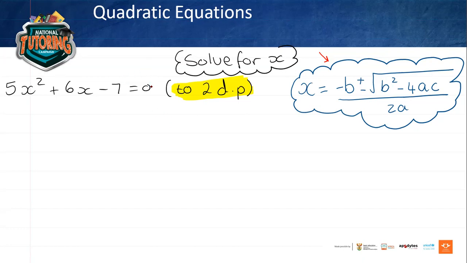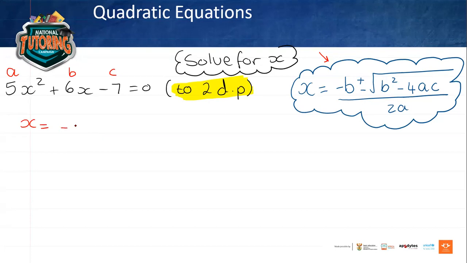So it's equal to 0. Everything's been simplified. And then what we see, the a, the b, and the c values are the coefficients. So a is the coefficient of x squared, b is the coefficient of x, and c is the constant.